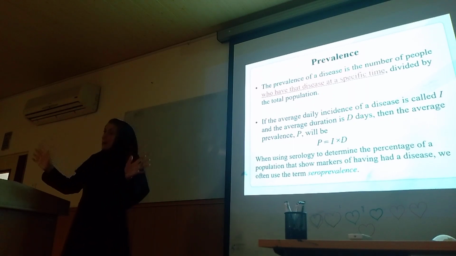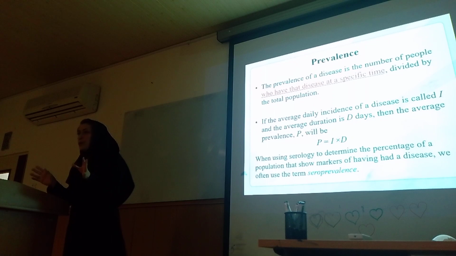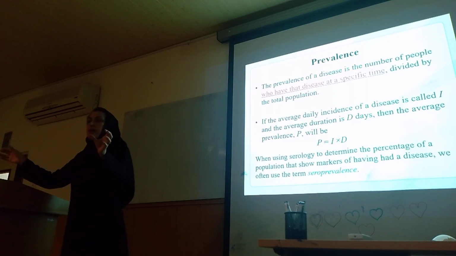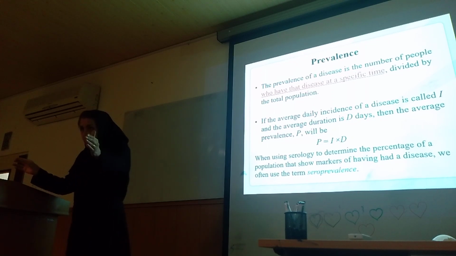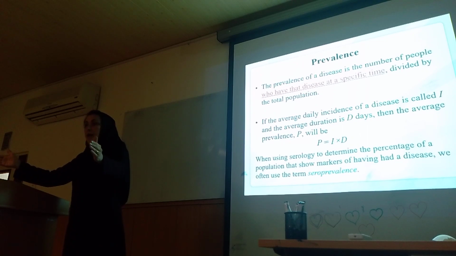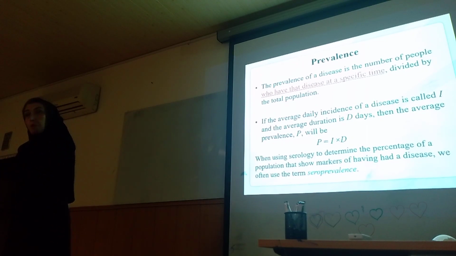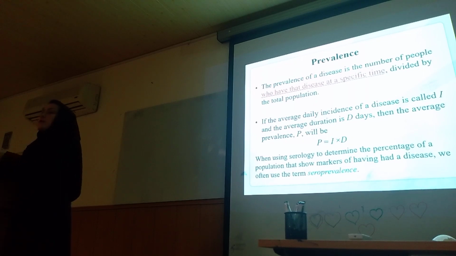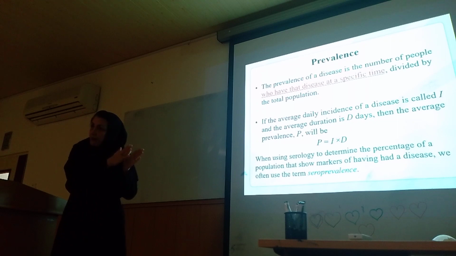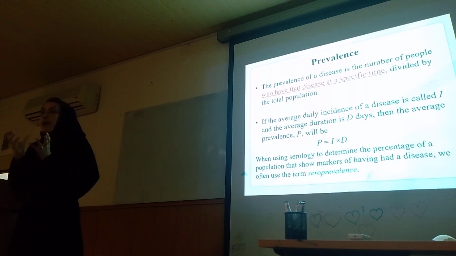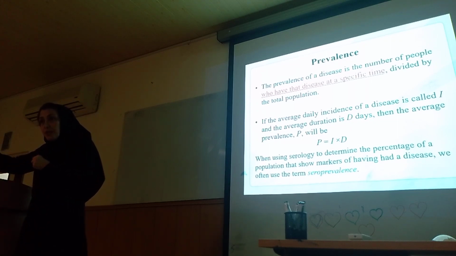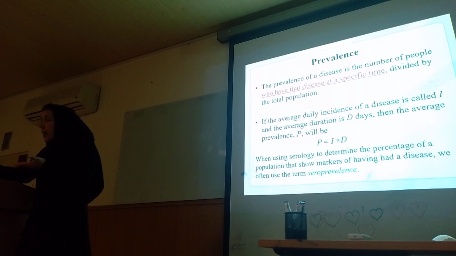Please assume another situation in which the incidence rates are the same, 10 and 10. But here, patients survived much more time because the treatment is better. After 5 years, the number of diabetics in this community is higher. Why?